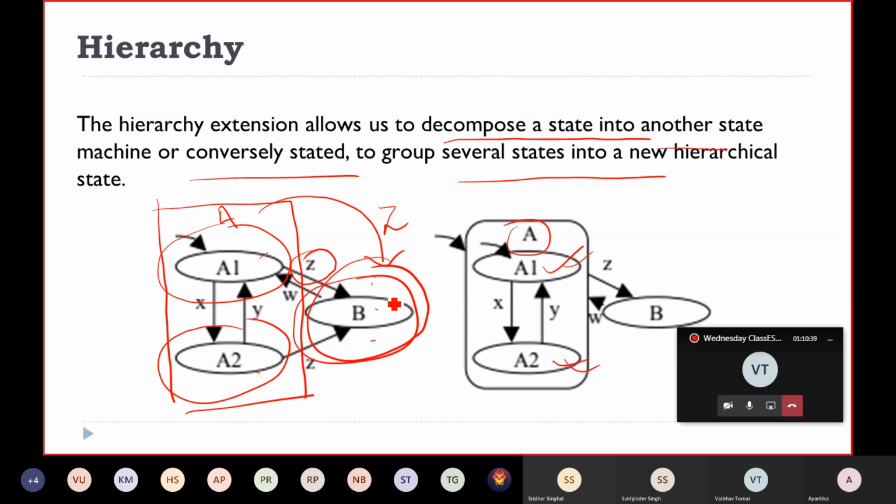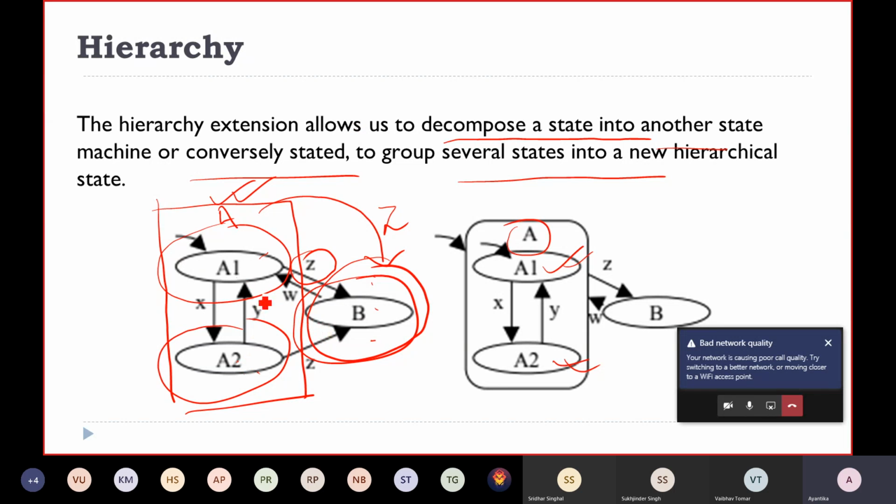See, B will come back. But remember, when we are defining hierarchy, if not otherwise stated, when it is leaving A, it can leave from any of the substates, A1 or A2.